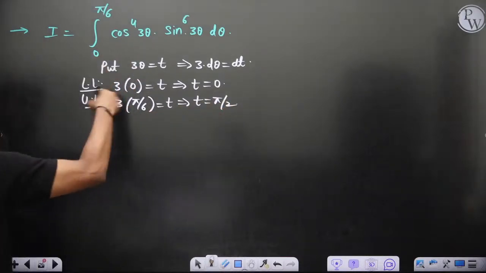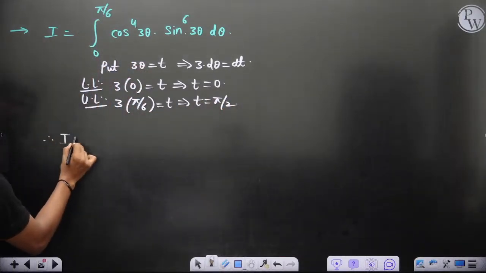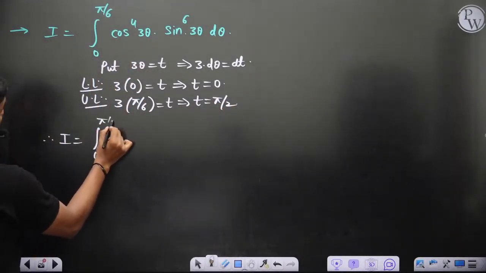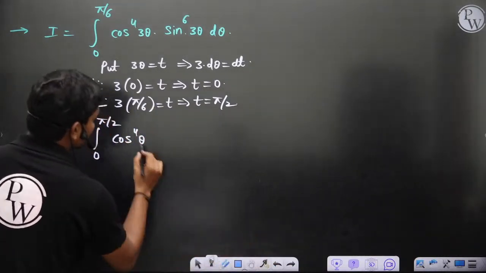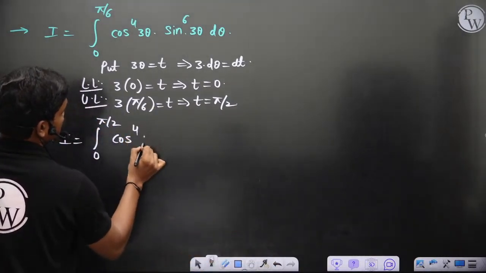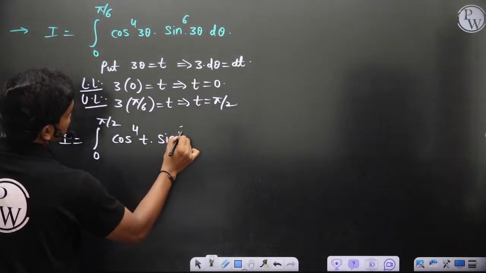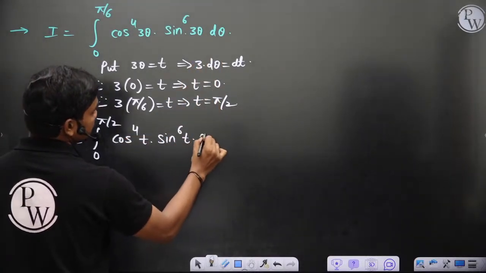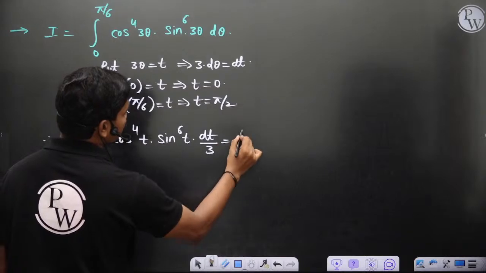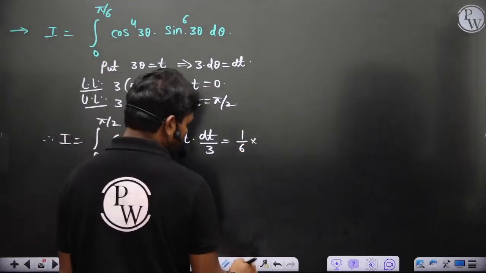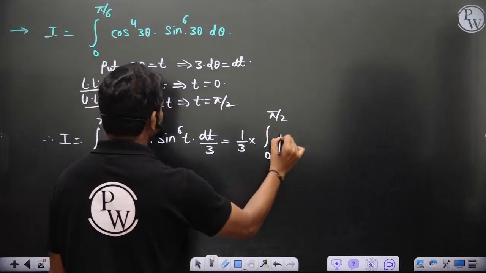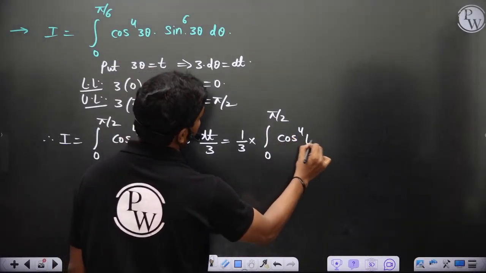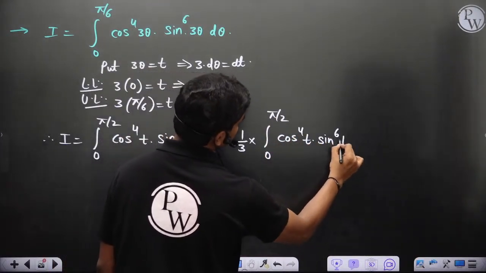Therefore, replacing all this in the given integration, I is equal to integral 0 to pi by 2 of cos power 4 t into sin power 6 t, and d theta is dt divided by 3. So 1 by 3 times integral 0 to pi by 2 of cos power 4 t sin power 6 t dt.